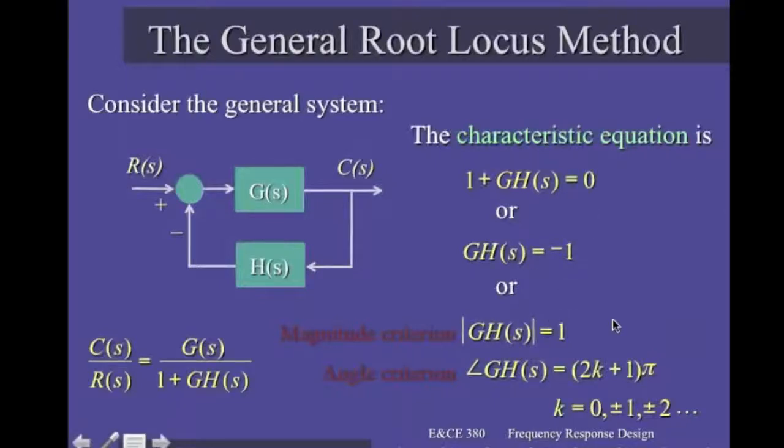The right-hand side is -1, so its module would be, by definition, positive and equal to 1. And similarly, in parallel to the magnitude criterion, you have to apply the angle criterion. The angle criterion states that the angle of the complex number at the left-hand side equals the angle of the complex number at the right-hand side.